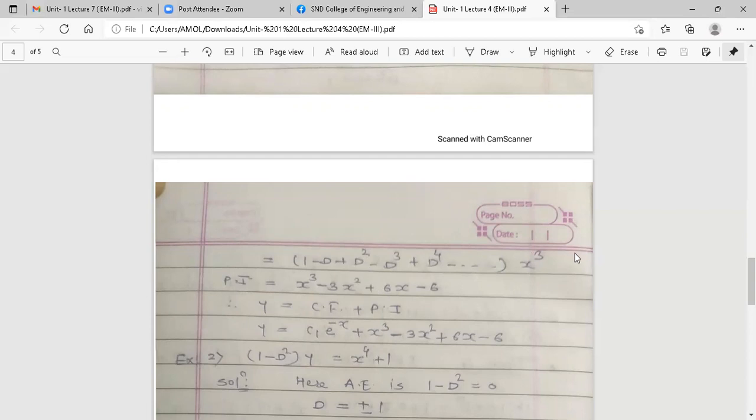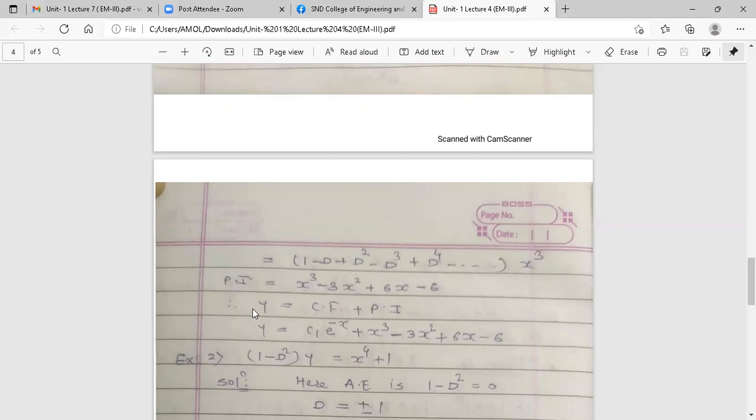So D square of x cube is 6x, with a minus sign minus D cube, the third derivative of x cube, which is 6. So you write here 6. D raised to 4 into x cube, the fourth derivative of x cube, is 0. So no need to count the terms from D raised to 4. You just count the terms up to D cube because the degree of the polynomial is 3. And so this is the PI: x cube minus 3x square plus 6x minus 6.